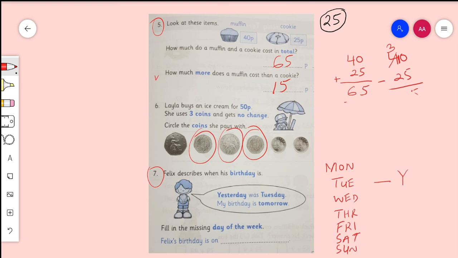I put Y. So if yesterday was Tuesday, then today will be Wednesday, right? And the birthday is tomorrow. So if today is Wednesday, what is tomorrow? Tomorrow will be Thursday. So the birthday will be on Thursday.